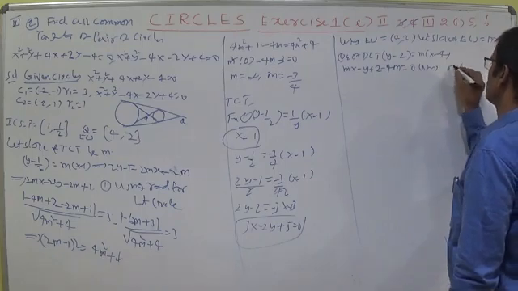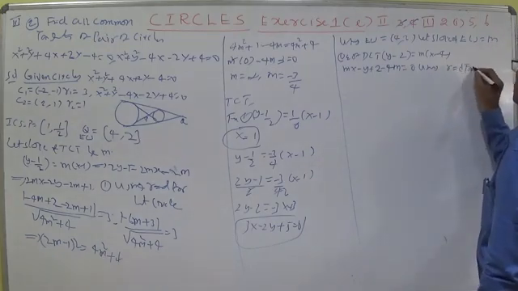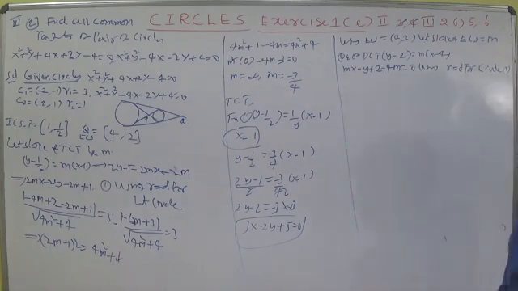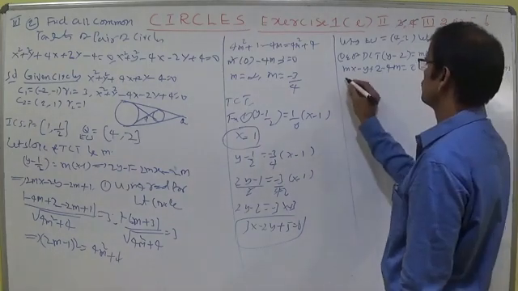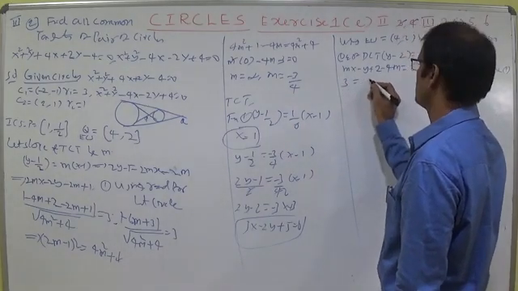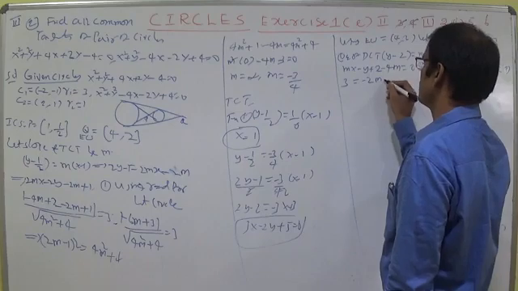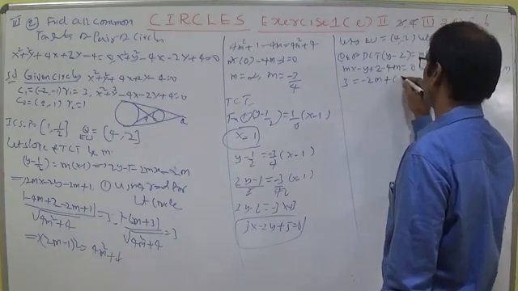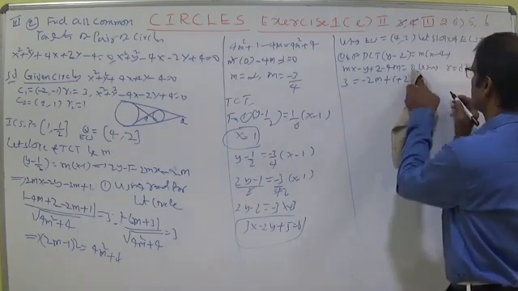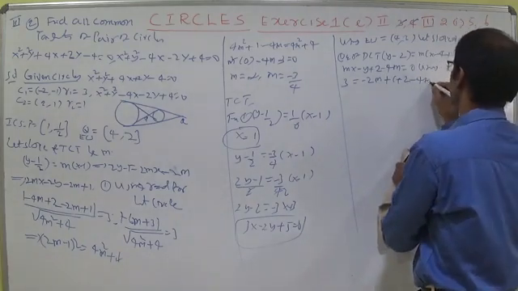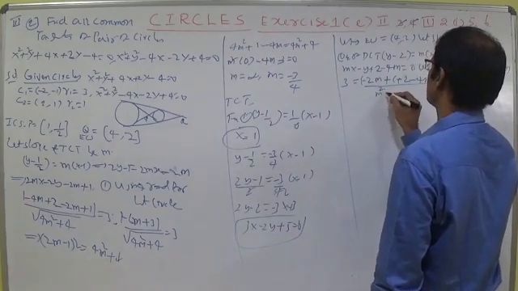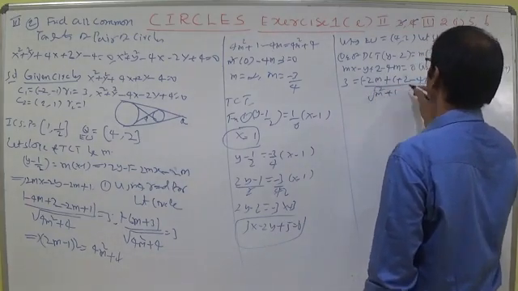Using r is equal to d for the first circle. So what is r here? 3 is equal to, substitute here, minus 2m plus 1 plus 2 minus 4m, by root of m square plus 1.